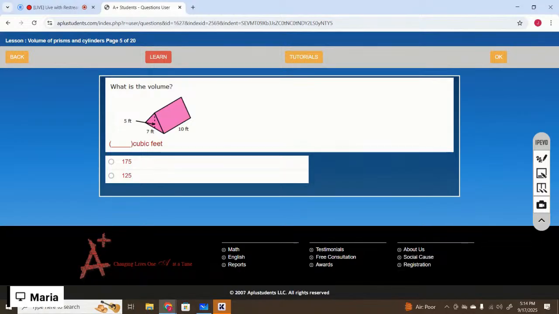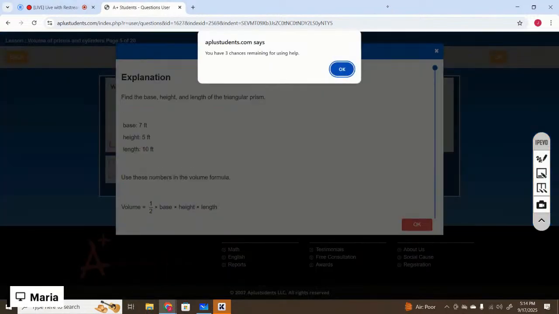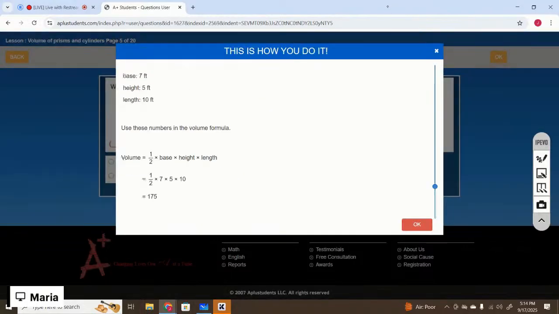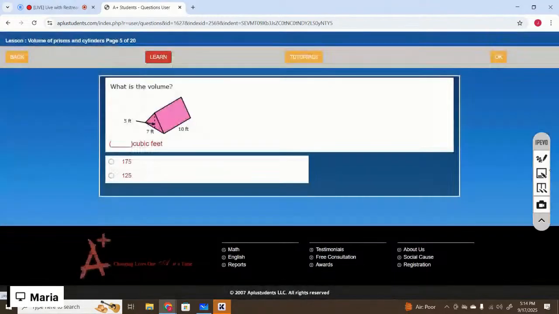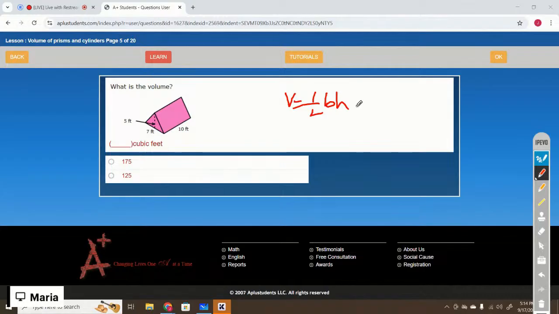What is the volume? That is half times base times height times length.